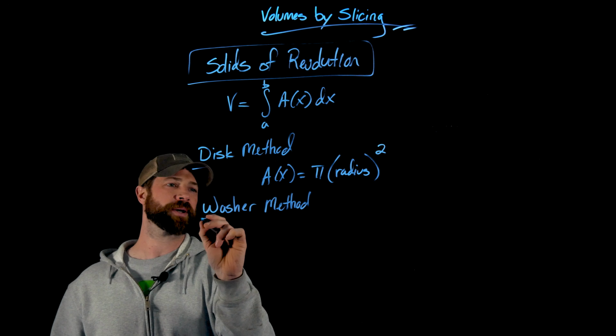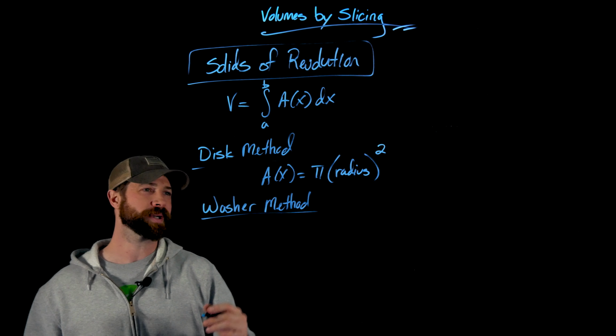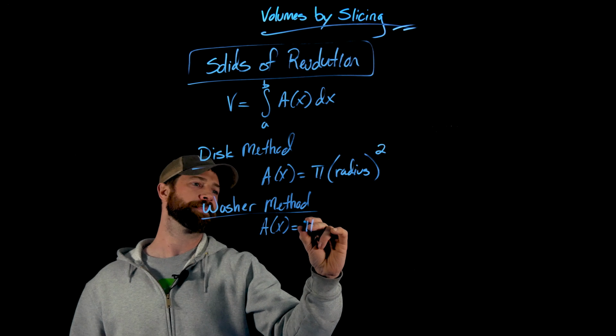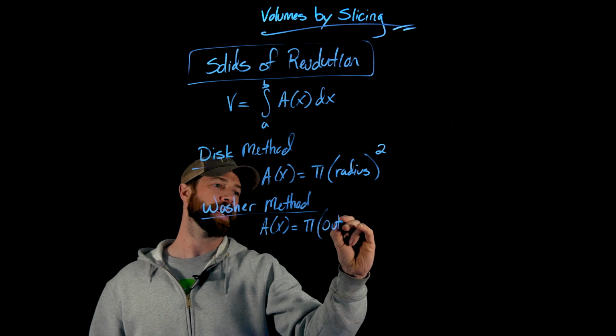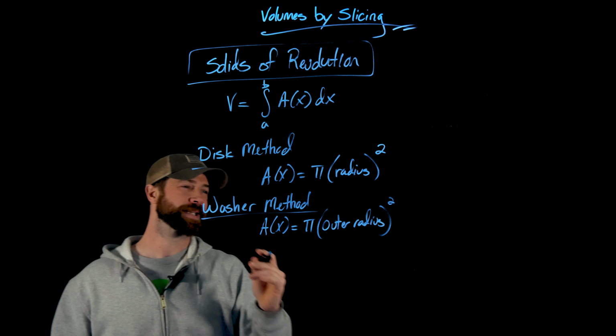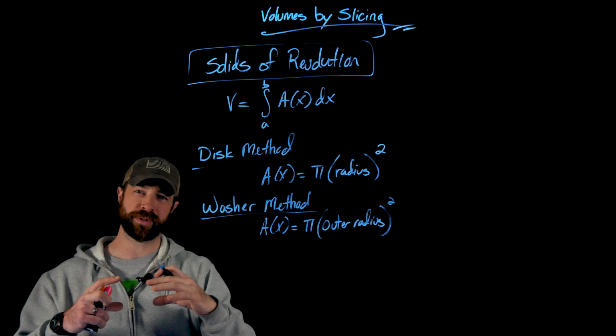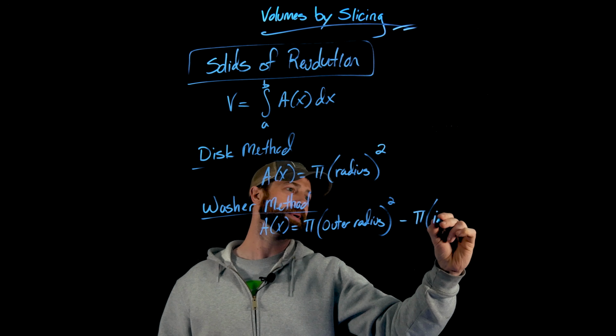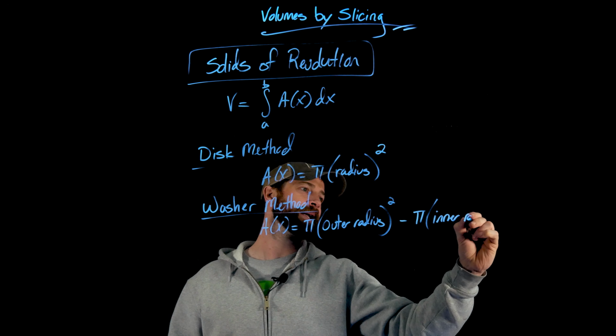We need to punch out this inner circle, and it's always of the same form. Our cross-sectional area in that case will be pi times the outer radius squared, which gives us the area of the big circle if there was no hole in it, and then we need to take away that inner circle, and we take pi times the inner radius squared.